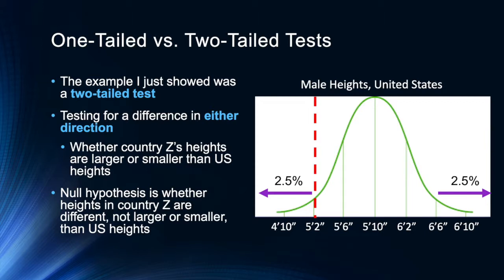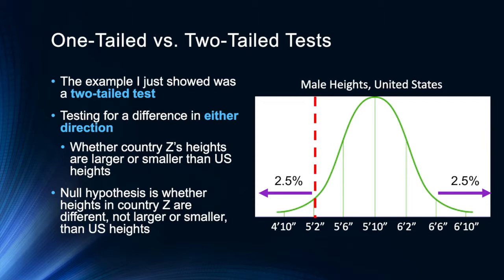So I mentioned something about one-tailed versus two-tailed tests. So say you're going into something and you don't know whether country Z has men that are taller or men that are shorter. We went in not knowing whether it's one way or the other.